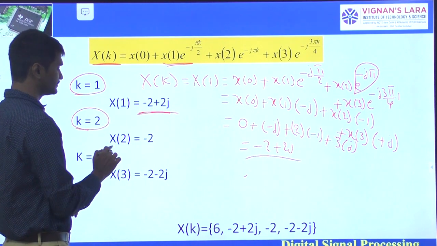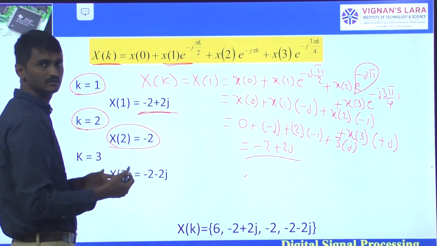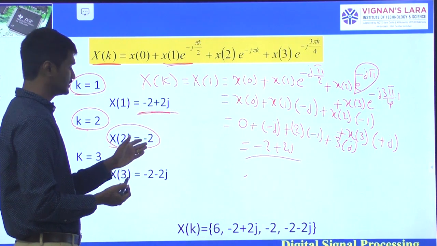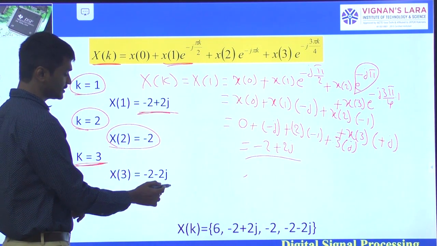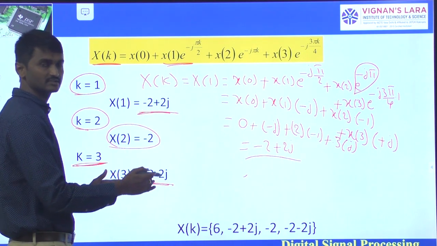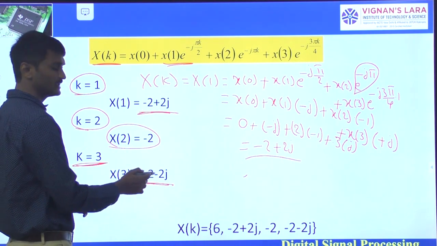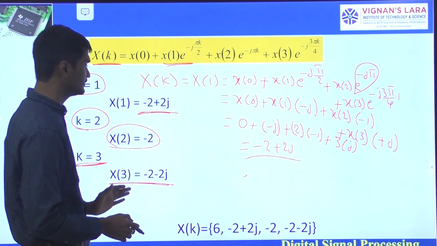Similarly, k equals 2, that is X of 2 is equal to minus 2. Next, k equals 3, X of k is equal to X of 3 is equal to minus 2 minus 2j, minus 2 minus 2j.